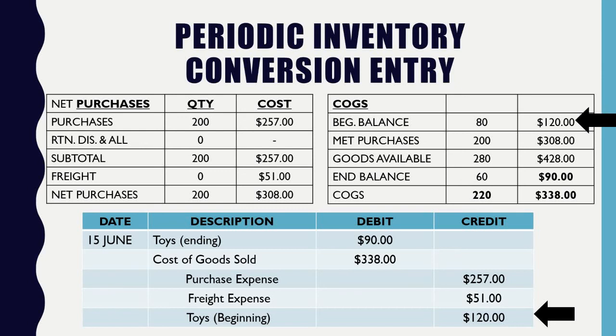But that's how we understand the conversion entry, is that you're trying to gather all of your inventory that you have available to sell and basically redistributing them back into their appropriate accounts for inventory. And of course, you sold some along the way, so you have to designate it into the cost of goods sold. Okay.